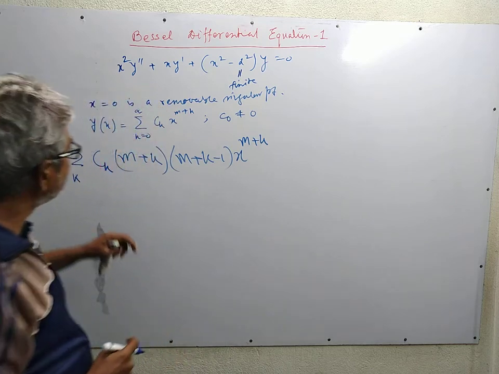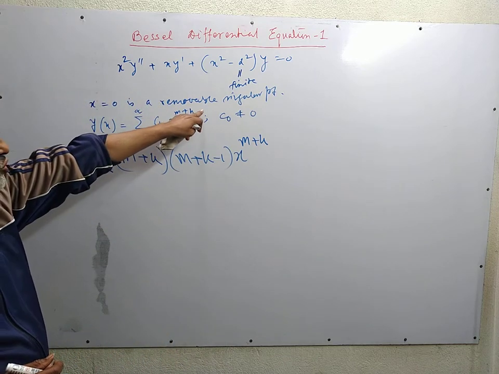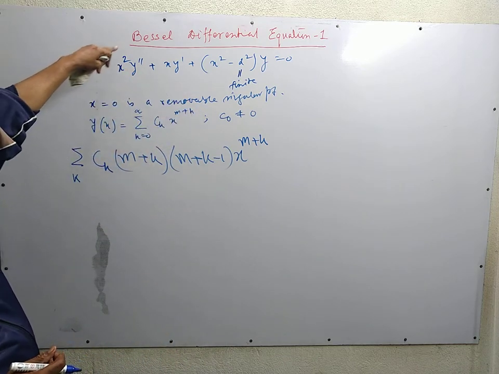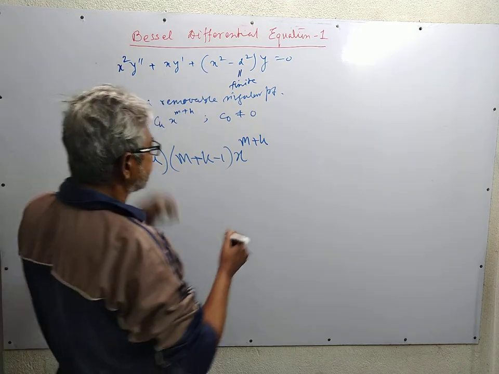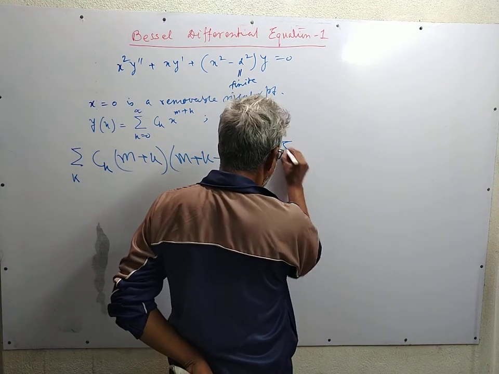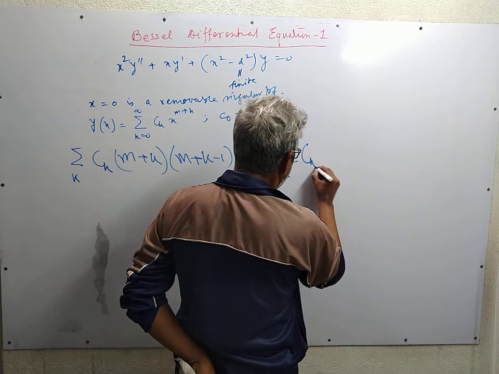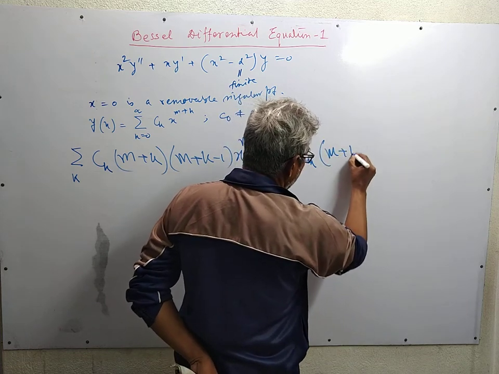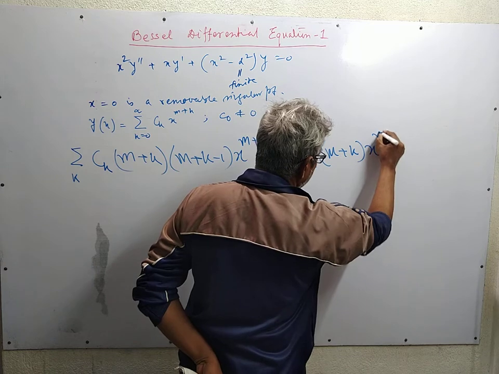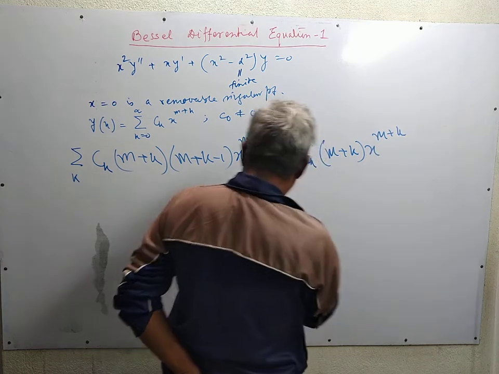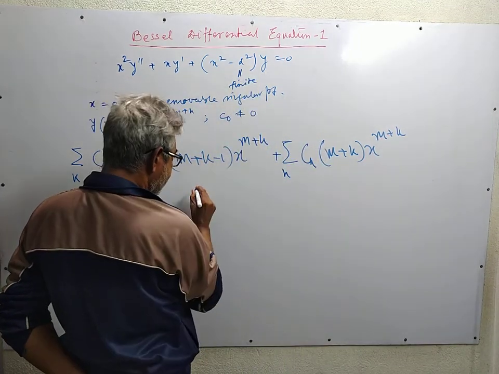When we differentiate it twice, the power is reduced by 2, which is being adjusted by the x squared term. Then the second term gives summation over c_k (m plus k) x to the power again m plus k.